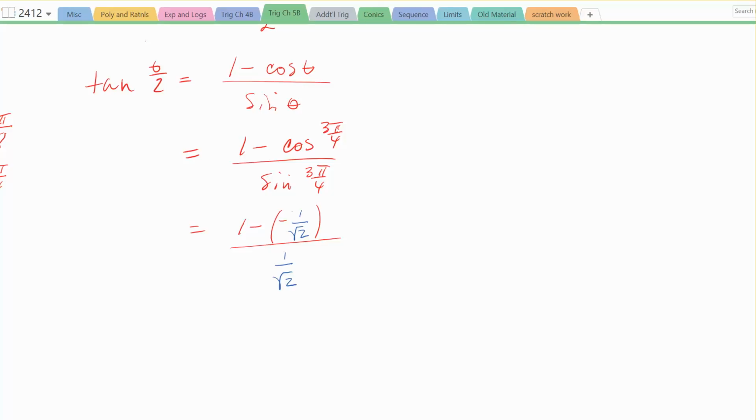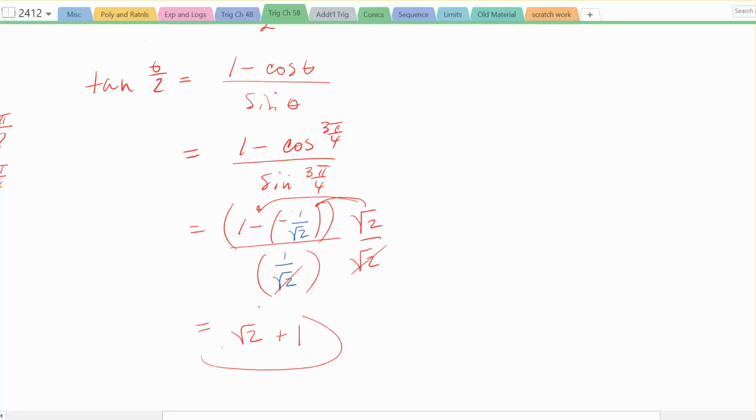So I'm going to multiply the top and the bottom by the square root of 2 over the square root of 2, because that's the denominator I have in each case. That gives me in the numerator the square root of 2 plus 1 when I distribute each of those. And in the denominator, that square root of 2 cancels with that square root of 2, and it leaves me with just a 1. So this is actually the answer.